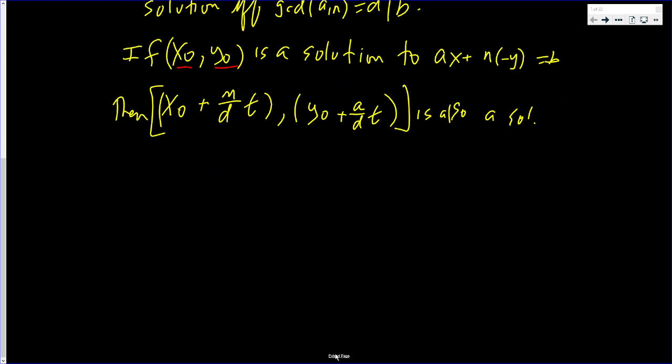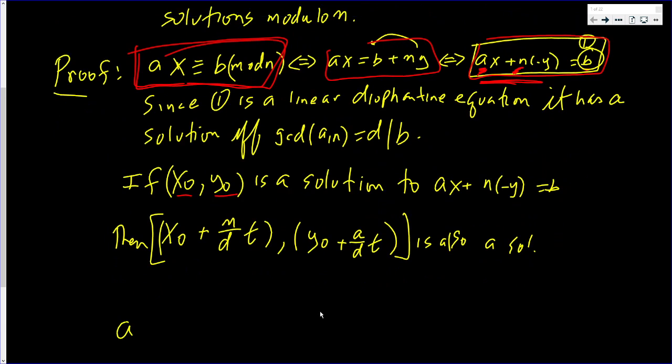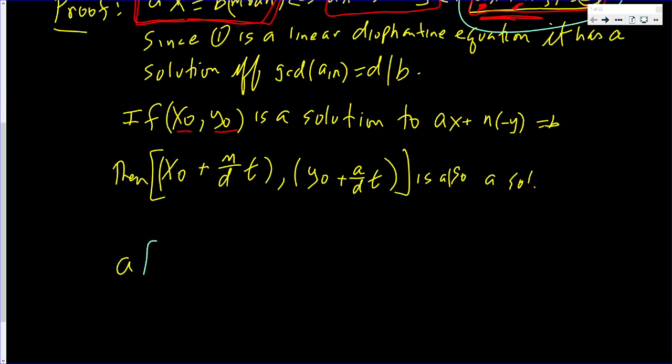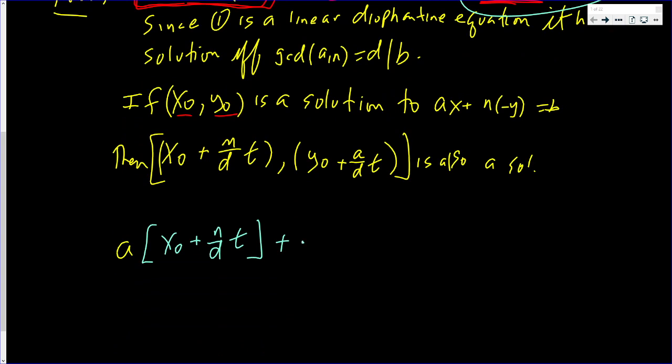Well, let's get our hands dirty and find out. It's supposed to be a times x plus n times negative y is supposed to be b. So a times x0 plus n over d t, plus n times negative y, which is negative y0 minus a over d t. Well, let us see what this is.